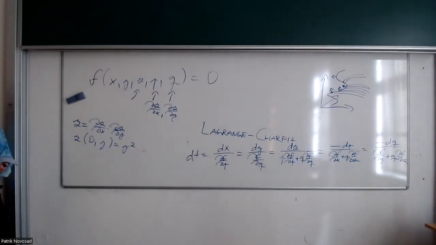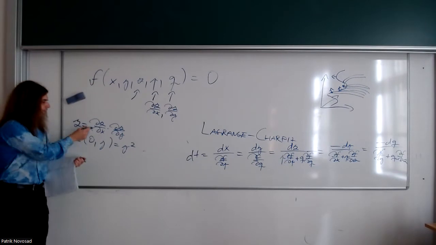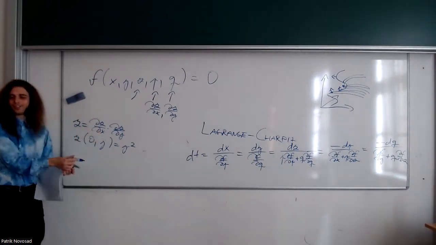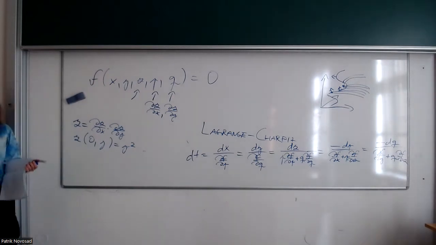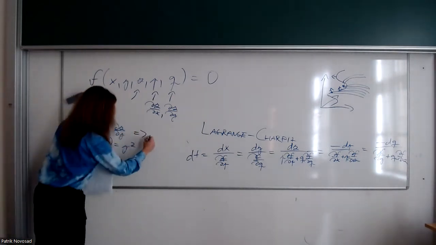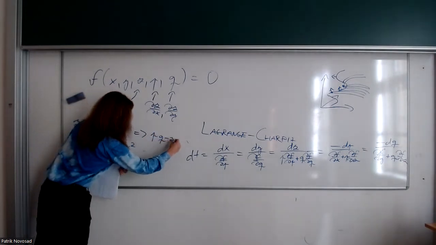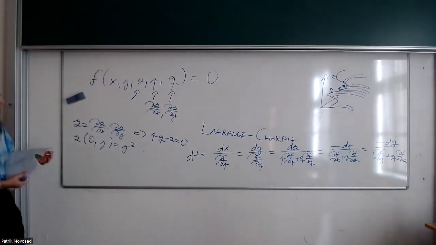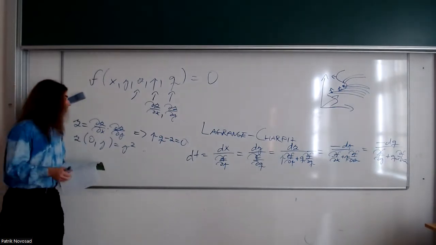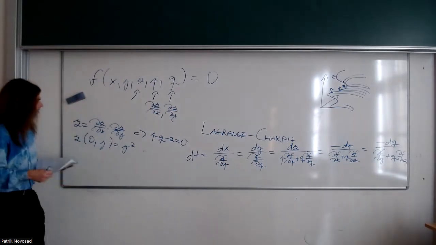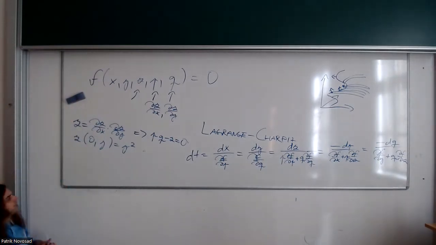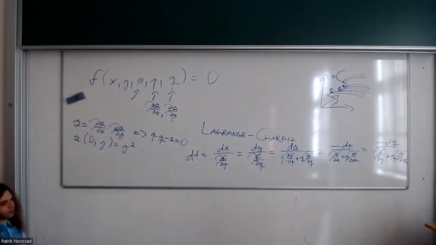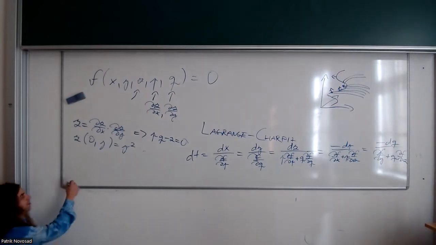What is the equation? z is equal to the product of the derivative with respect to x and the derivative with respect to y, so it's z equals pq. I can rewrite it in this way. Having this equation and this kind of initial data, we can rewrite the data in a parametric way.